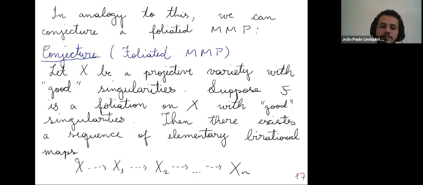It's easy to see that each time I can induce a foliation from the previous step. So I end up with Xn and Fn, a foliation of the same rank as the original foliation on X.